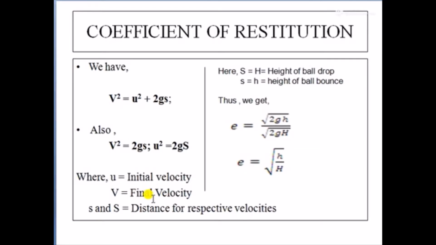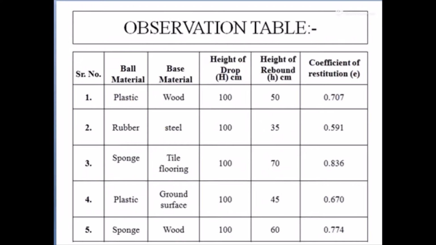So let us consider for our case the capital S here is represented as capital H, which is the height of the ball drop. Small h is the height of the ball bounce. Solving the equation, we get the final form of the equation as E is equal to under root of h upon H. So this is the formula to determine the coefficient of restitution.